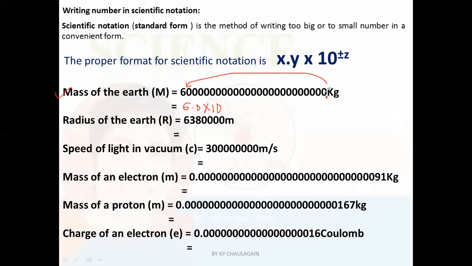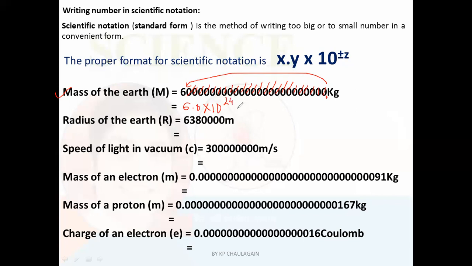Let's count. 1, 2, 3, 4, 5, 6, 7, 8, 9, 10, 11, 12, 13, 14, 15, 16, 17, 18, 19, 20, 21, 22, 23, 24. We have shifted the decimal point by 24 digits. Therefore, we keep the power 24.